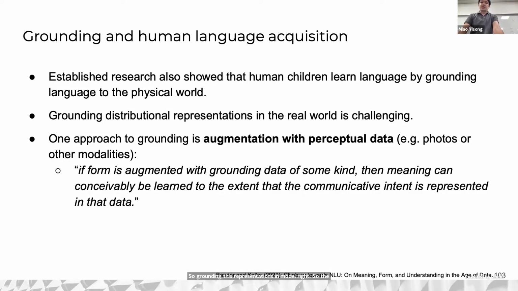One way to do that is through augmentation with perceptual data, for example photos or other modalities, for example audio. If you can augment your training data with some grounding data, then you could, to some extent, be able to learn communicative intent.